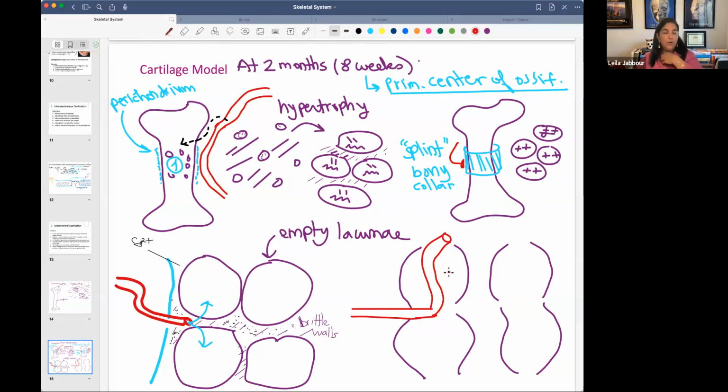Okay, so it's bringing these cells, and these cells are basically being deposited by this blood vessel. They land on this wall over here. Remember, this is an empty cave. And basically, these cells are told, okay, here you are the osteoblasts.